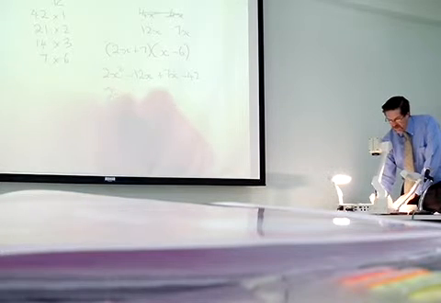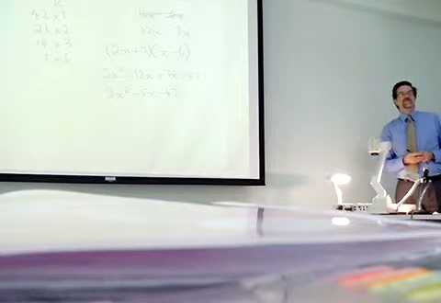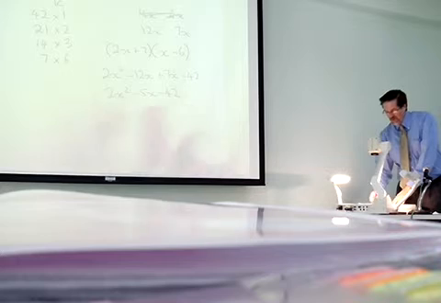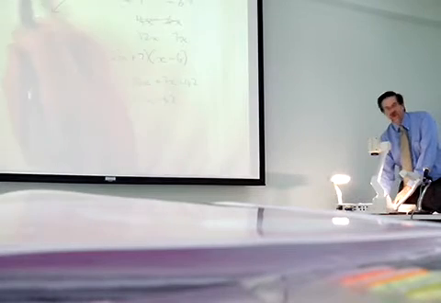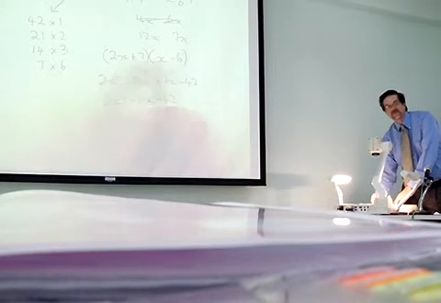So that's 2x squared minus 5x minus 42. Correct or not? Not quite, right? Because we've got negative 5x, whereas we want positive 5x. So what's wrong?